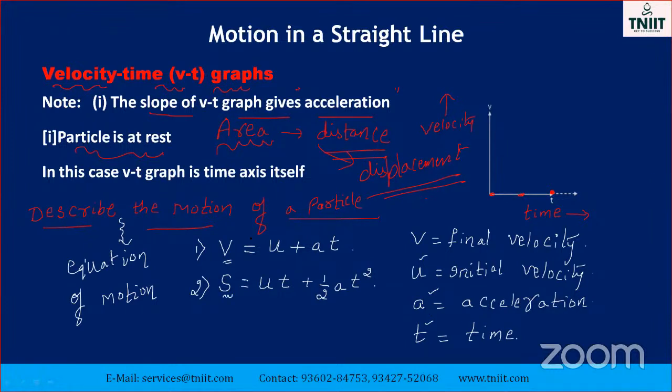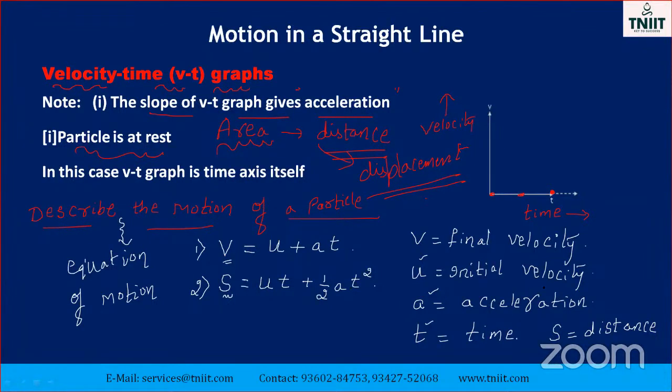What is this S? S represents the distance covered by the particle. V is the final velocity, U is the initial velocity, A is the acceleration, T is the time, S is the distance.